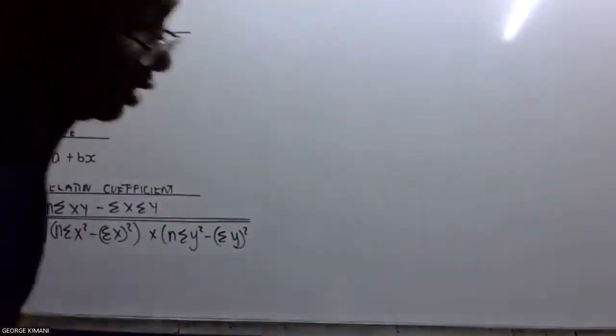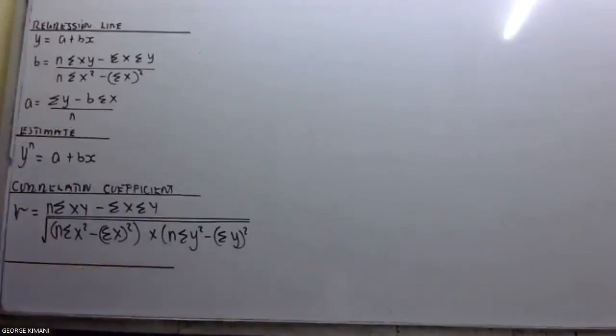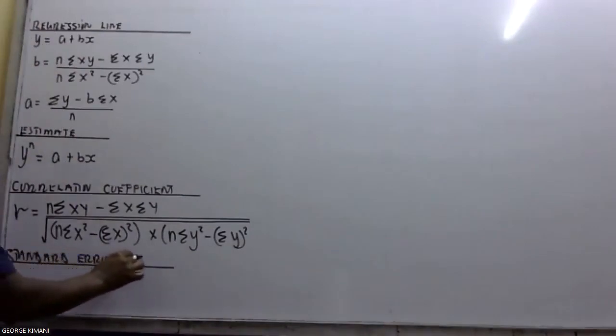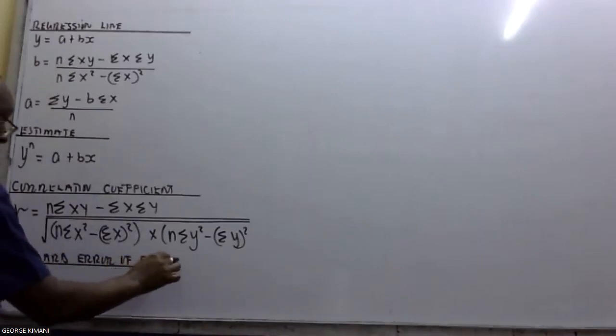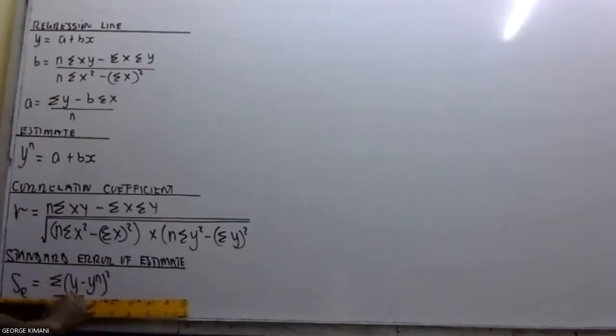And the last thing they need is the standard error of estimate of the regression line. The standard error of estimate, SE, is given as sum of y minus y predicted squared, which is divided by n minus k.